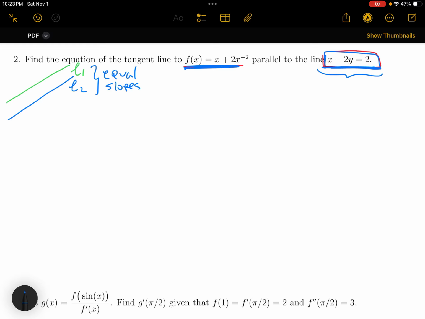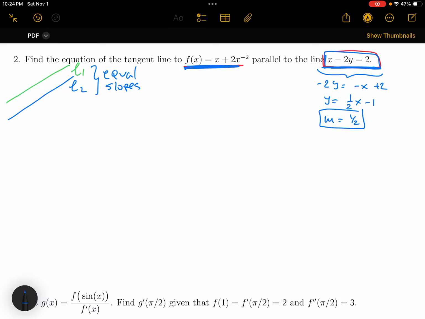So from here we have that negative 2y is equal to negative x plus 2, or simply y is equal to 1/2 x minus 1. So the slope m is equal to 1/2. What does that mean?